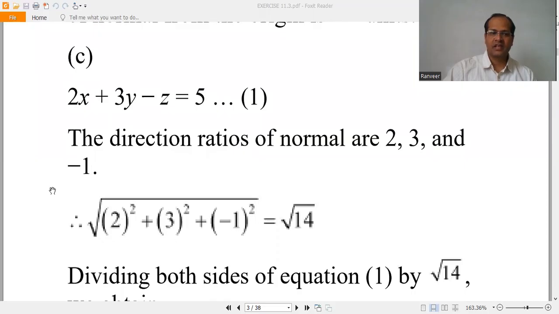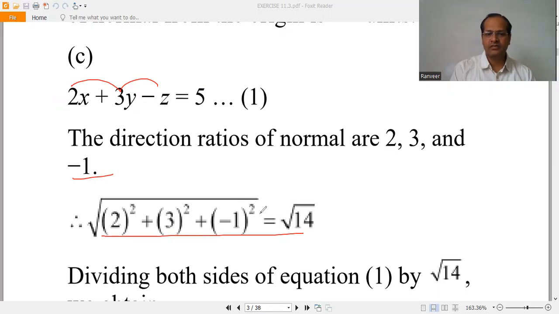C, 2x plus 3y minus z equal to 5. Always remember this: the equation of the plane is given, and 2, 3 and minus 1 is the direction ratio. We just have to take the square root of the sum of their squares. This is coming root under 14, and we divide the given plane by this.